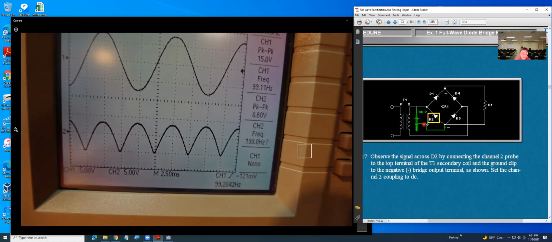That means now they connect channel 2 to the output of the tree. If you're looking into your schematic circuitry, that will be D3. And now I move the scope probe to the D3.